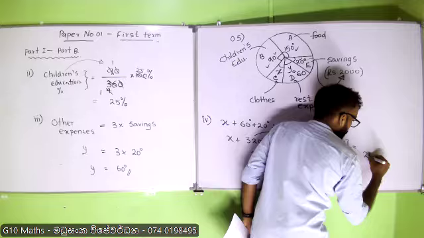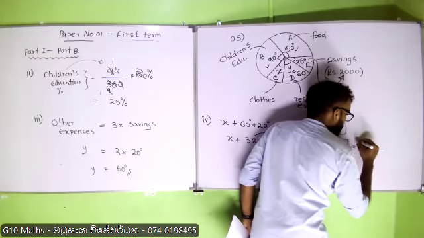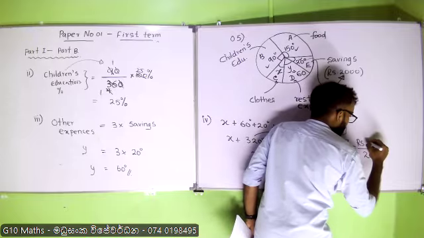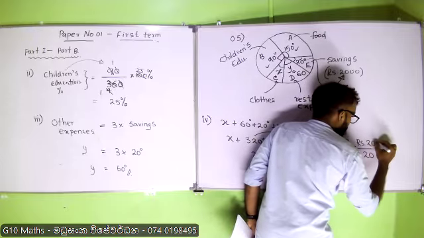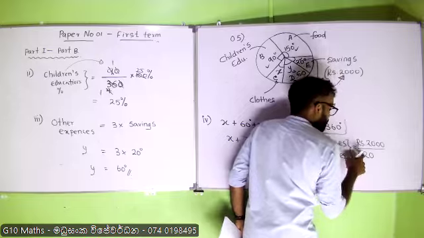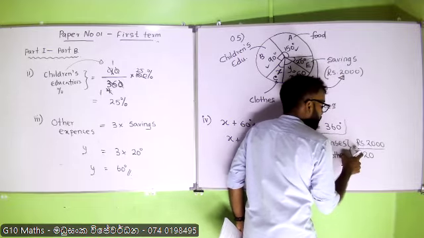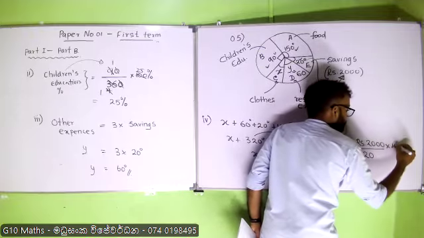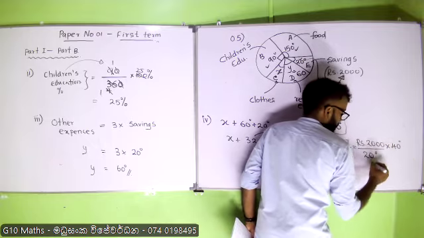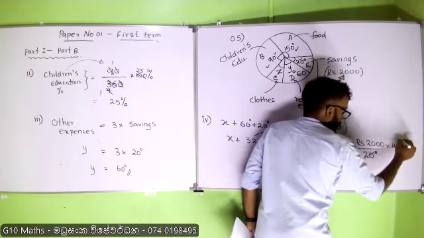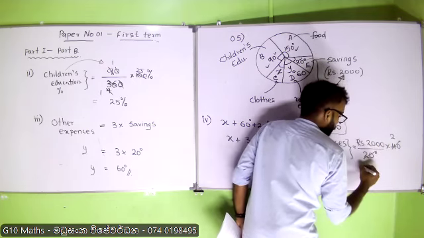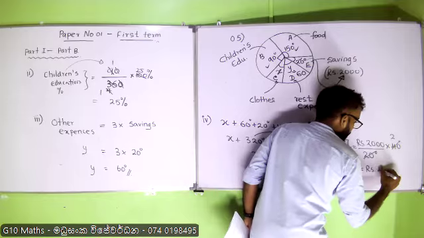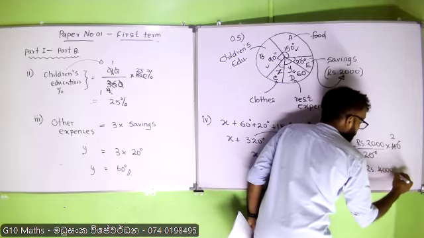That is where you have to connect your rupees to degrees. For 20 degrees, it represents 2000. Then how much for 40 degrees? 20 times 1, 20 times 2. For clothes, that person is spending 4,000 rupees each and every month.